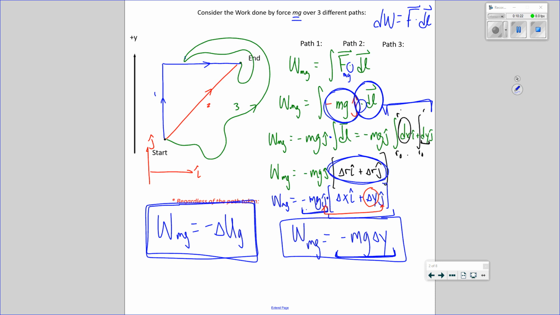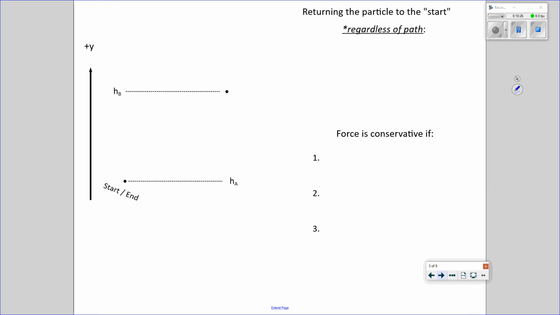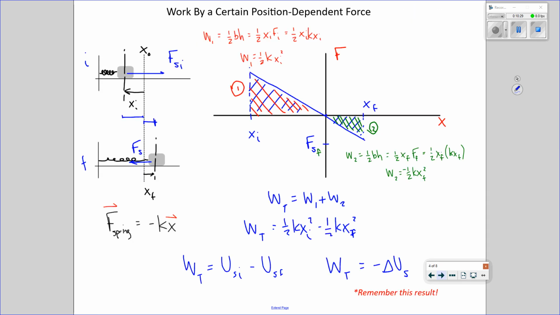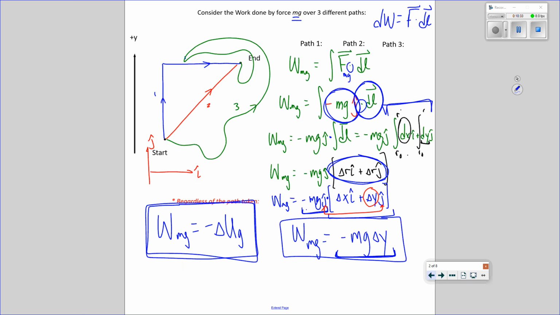Now, some of you that have super duper memories remember, hang on, that. We'll get there in a second. Because this result of saying the work is equivalent to the decrease in potential energy is something that's popped up before. Again, if you have a heck of a memory. Now, let's take a little bit of a different view.